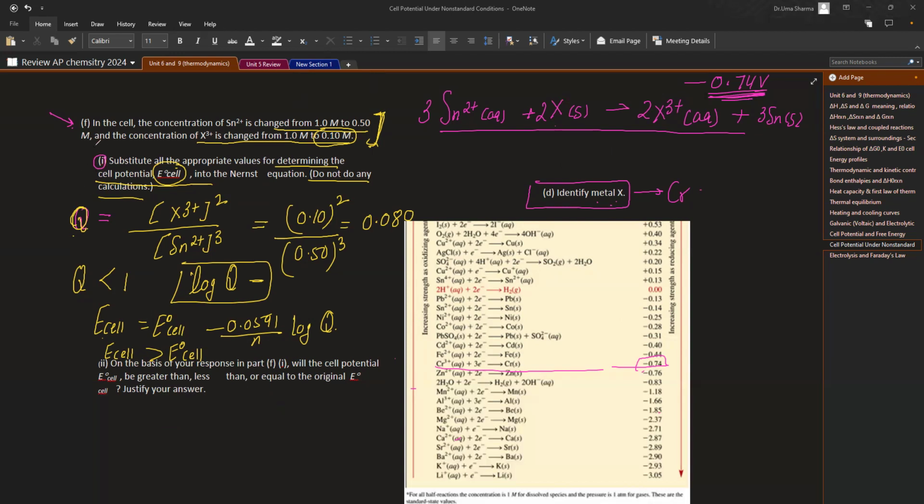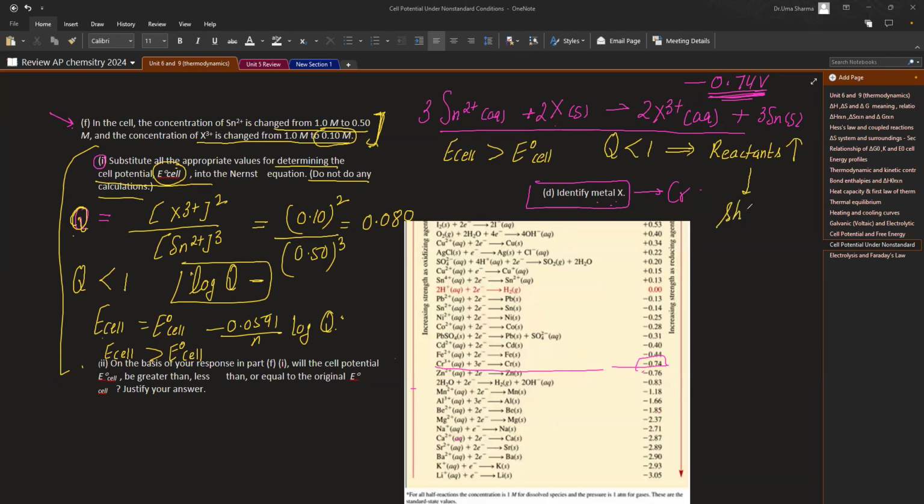So can you explain this based on Le Chatelier principle? Why? Explain that E cell is greater than E naught cell using Le Chatelier principle. So start like this: Q is less than 1. So what is more? Reactants are more or products are more? Reactants are more. If reactants are more, in which direction will this reaction shift?